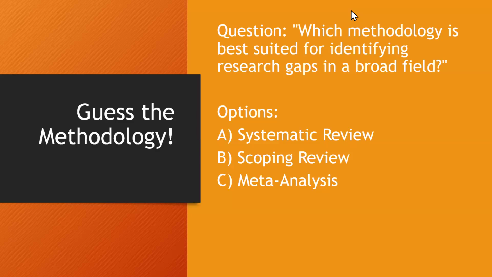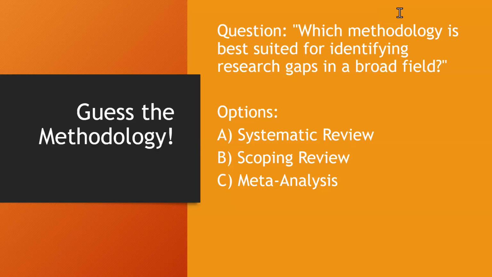So in this case, it's not for systematic review, because systematic review involves a rigorous and structured approach to synthesize research evidence, and meta-analysis is a combination of the systematic review. So there's no way we'll be able to use the systematic review and the meta-analysis for this question. So that's why I root for scoping review.